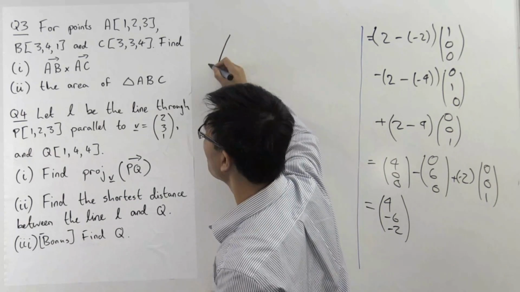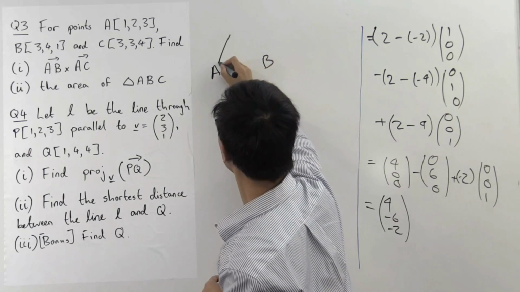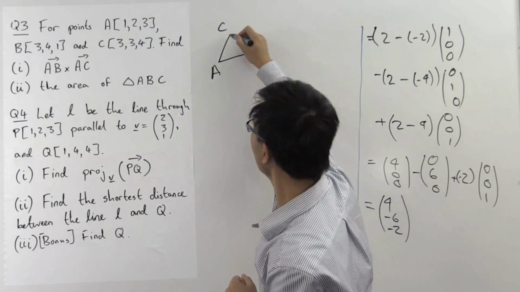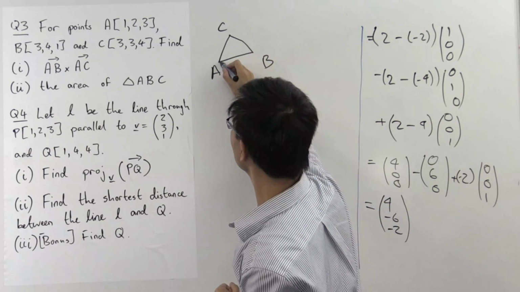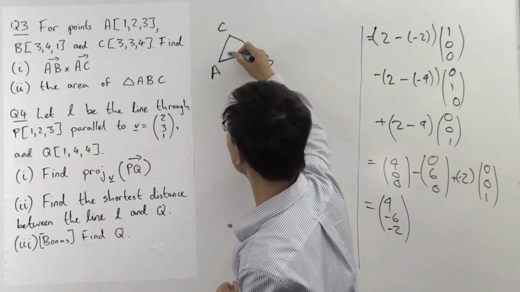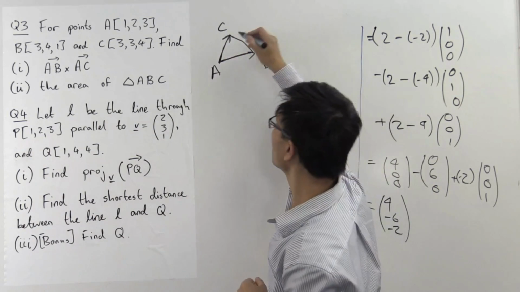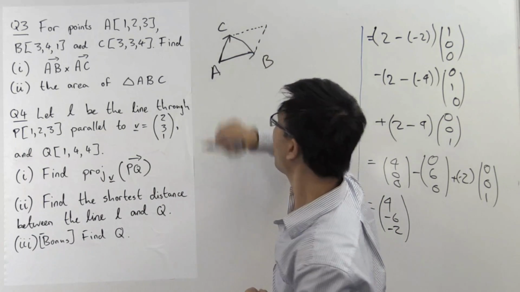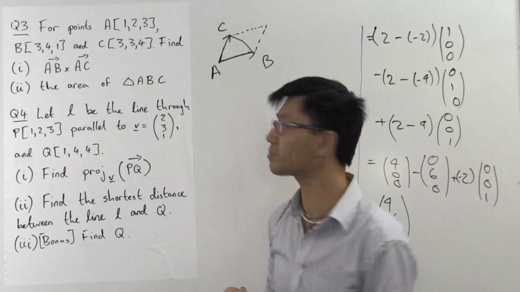And the magnitude in this case, so let me just draw the A, B and C. So we want to know the area of this triangle, and we've looked at vectors AB cross AC, and the magnitude of the cross product is just the area of the parallelogram with sides AB and AC.